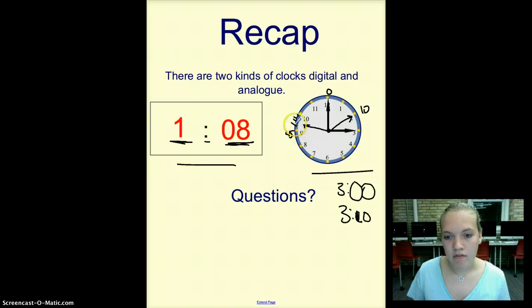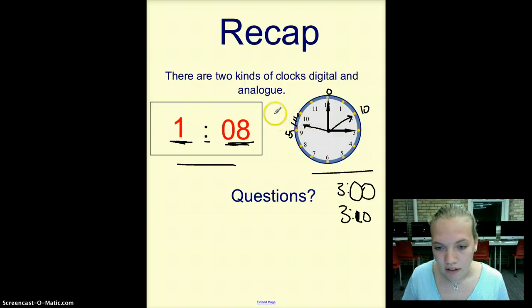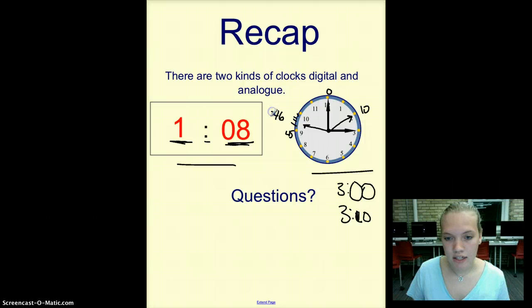So we have 45, 46, 47, 48, 49, 50. So if you look at this hand right here, it would be saying that it is 46 for the minutes. So we look back at the hour hand, it's 3. It would be 3:46 if we were to look at this hand right here.